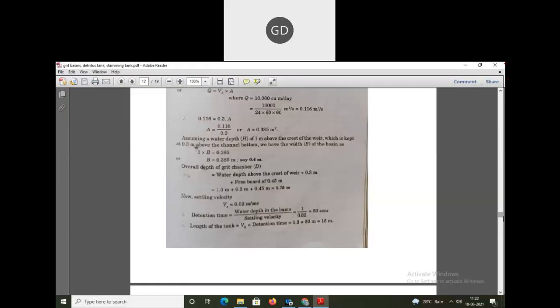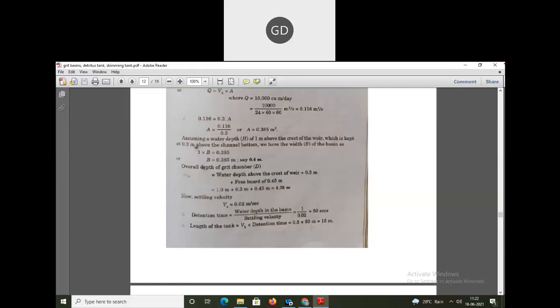If you are finding the overall depth of a tank, you have to add up all the depths that you are considering: the freeboard, the depth at which you are keeping the crest of the weir, and also the water depth above the crest of the weir. We have assumed 1 meter, then 0.3 meter, and the freeboard we are taking about 0.45 meter. So adding up all the depths, we got 1.75 meter, which is the overall depth of the grit chamber.